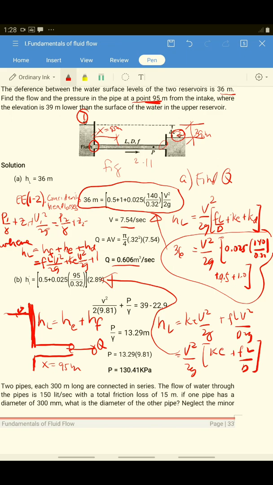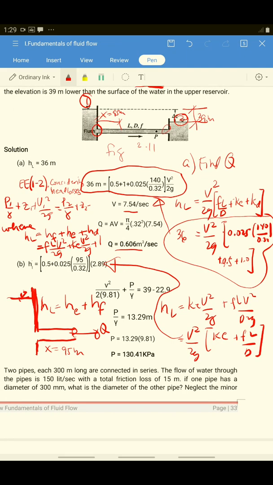Oh, it's a syntax error. We will try again: 0.025 times 95 divided by 0.32, plus 0.5, times 2.89.